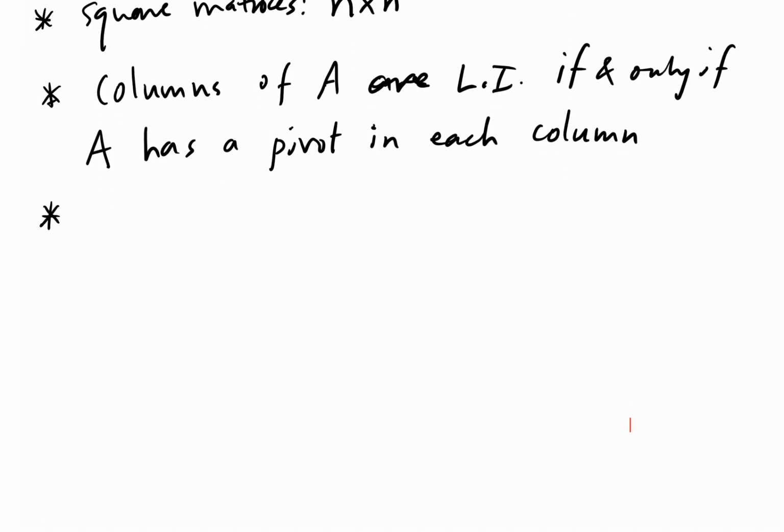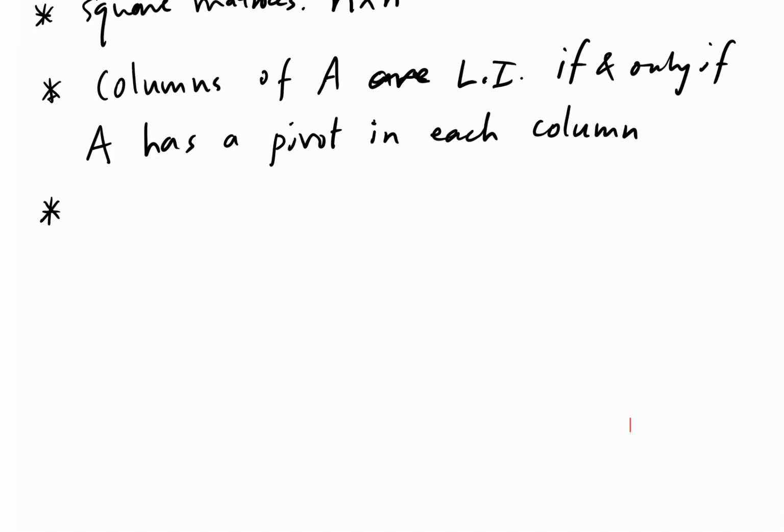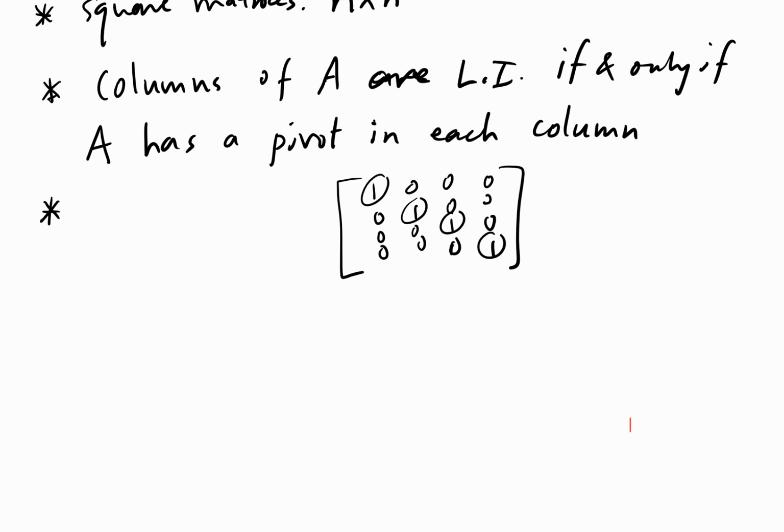Okay, so someone shared this answer with us: 1 0 0 0, then 0 1 0 0, 0 0 1 0. That's the identity matrix. This has a pivot in each column. The pivot is the first nonzero number you hit when you travel from left to right.